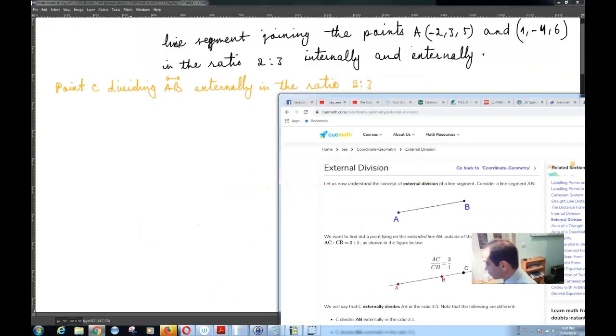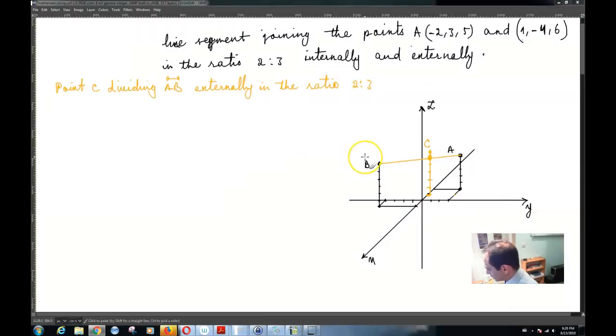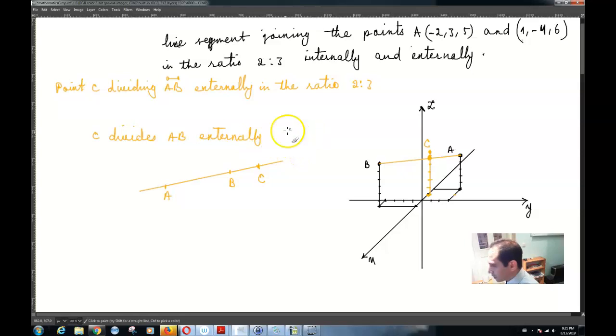Okay. So now let's first understand this situation exactly, and then we will go and solve this problem. The situation is something like this. You have this line segment AB, and you have this point over here, C. In this situation, we say that C divides AB externally in the ratio 3 to 1.